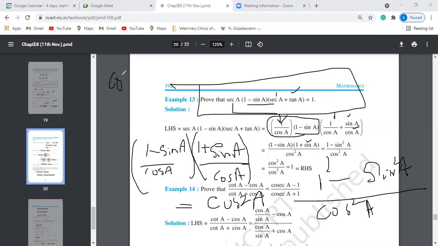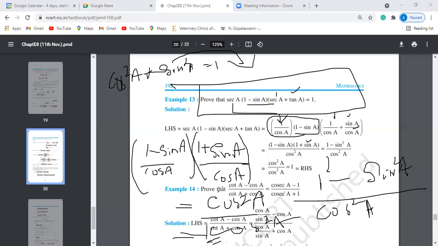Because you know that cos square a plus sine square a is equal to 1, correct? So cos square a is nothing but 1 minus sine square a. So cos square a divided by cos square a is equal to 1. So this is how I solved this problem.